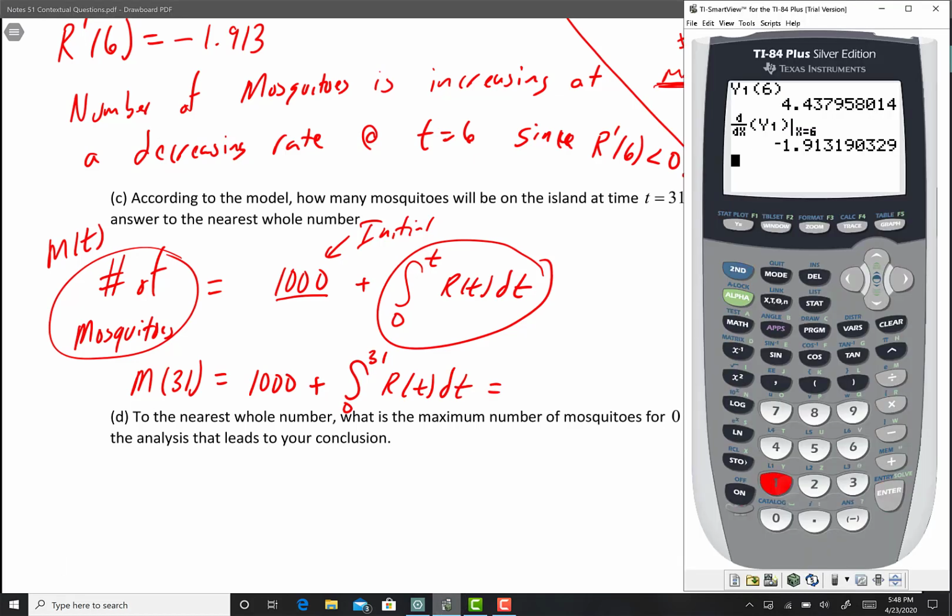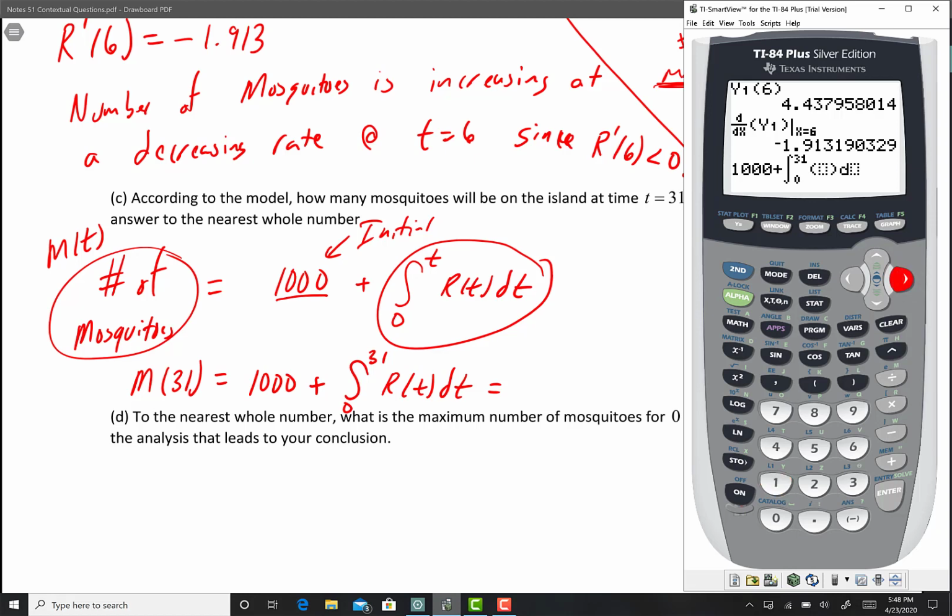so I'm going to get my calculator again, and I'm going to type that in, guys. 1,000 plus, I'm going to go math, and go down until I see the integral one. There we go, enter. And I'm going to go 0 all the way to 31.